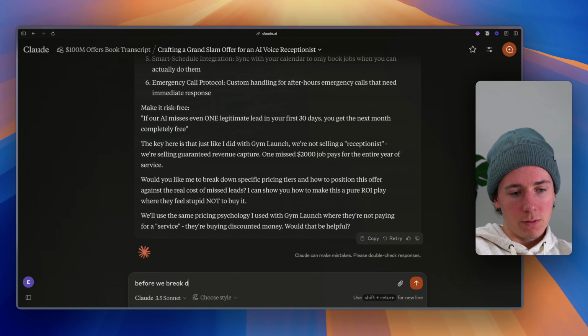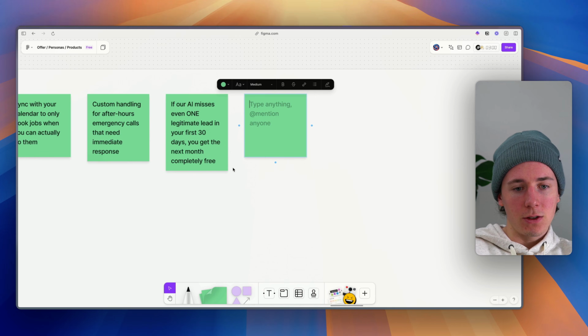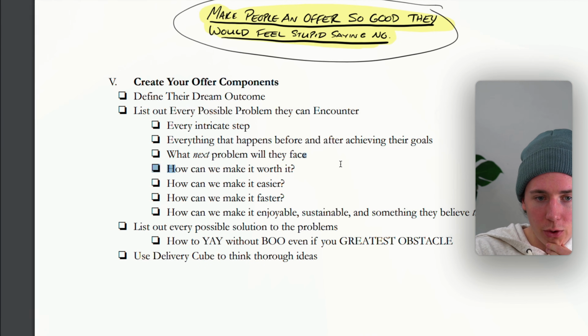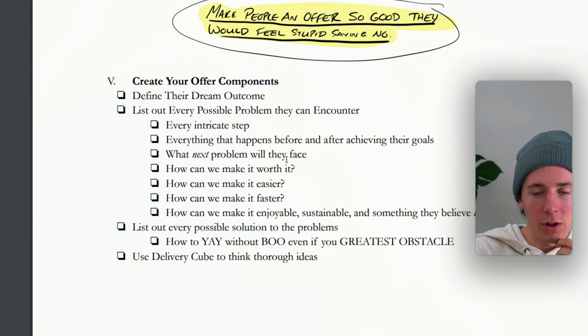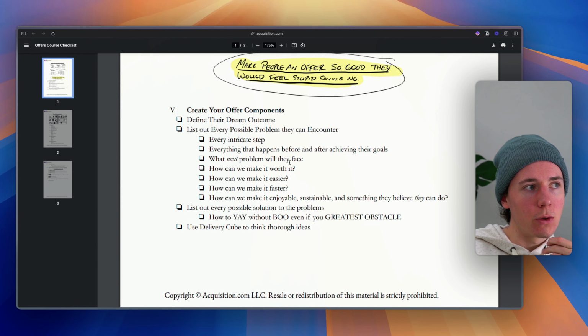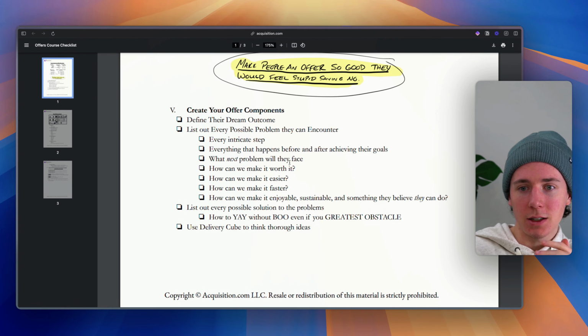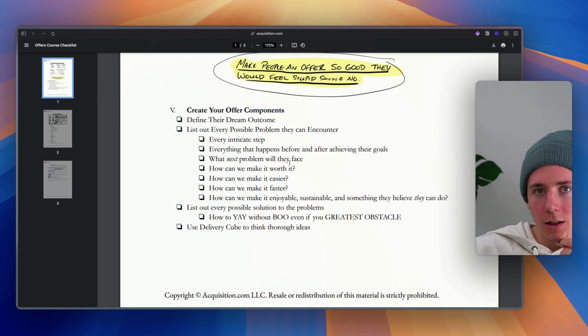Before we break down pricing tiers, let's come up with more solutions. So going back to the offers book, how can we make it easier? What next problem will they face? So we're essentially saying, what are the specific aspects of this process that they'll need to go through, and how can we make it easier for them, to show them that we'll do it for them.